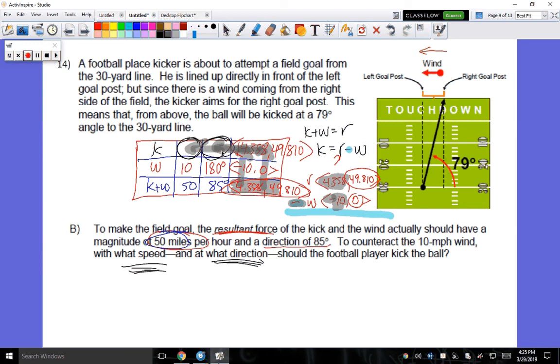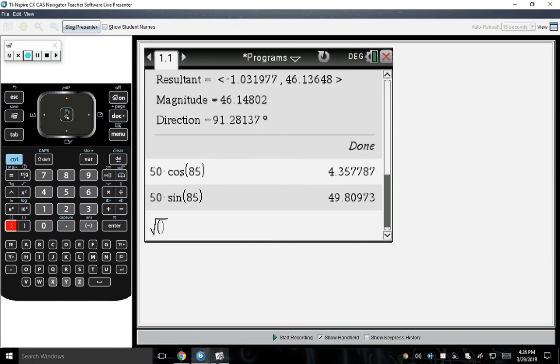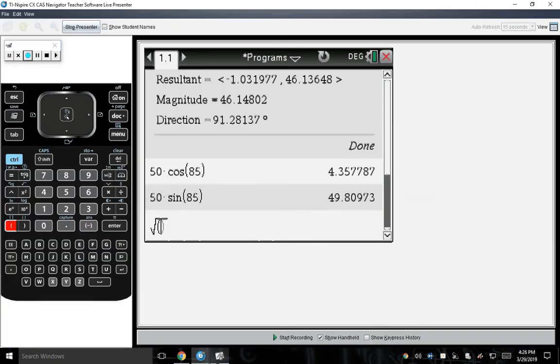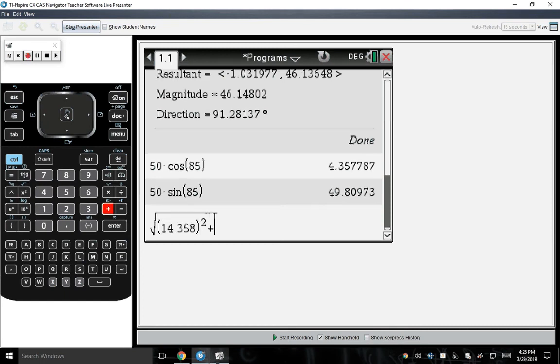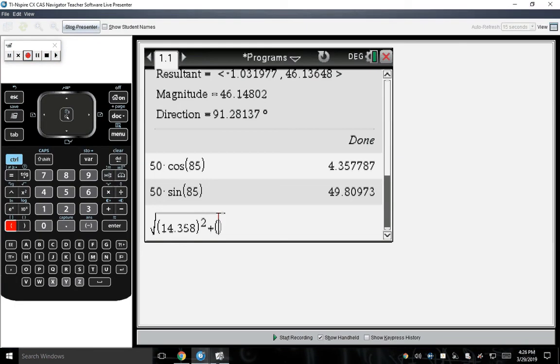So let's do the magnitude first, right here. The magnitude is taking the square root of the squares of each piece. Okay, so let's go ahead and do that in the calculator. So we'll say the square root of parentheses, 14.358 squared plus parentheses 49.810 squared.